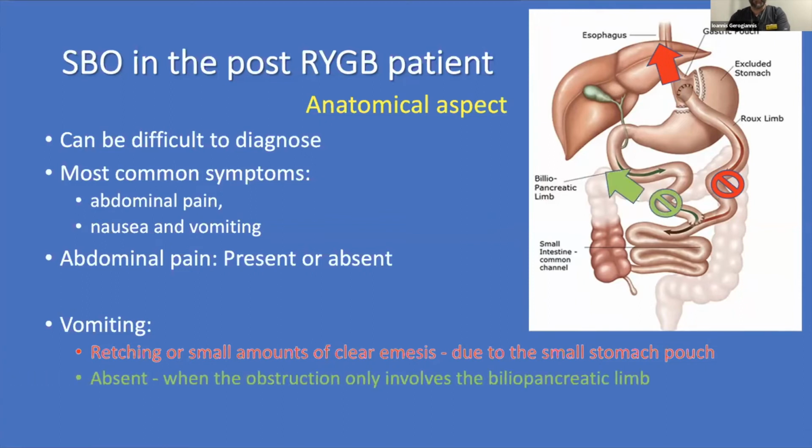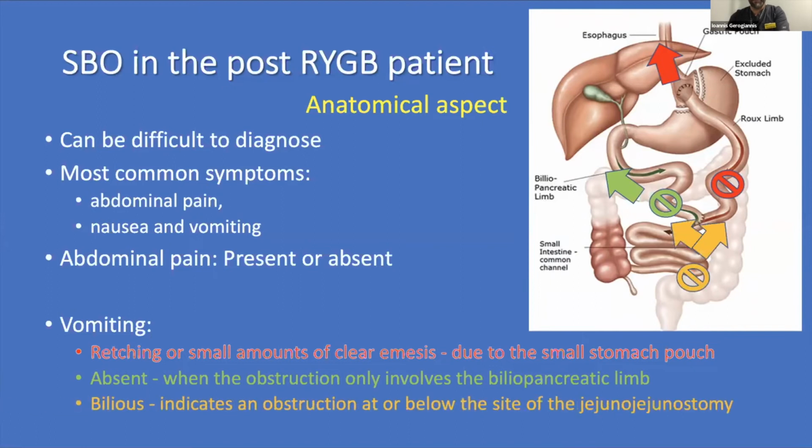What if the obstruction is in the biliopancreatic limb? Then there will not be any vomiting. If the obstruction is below the site of the jejunojejunostomy, then the patient will have bilious vomiting.